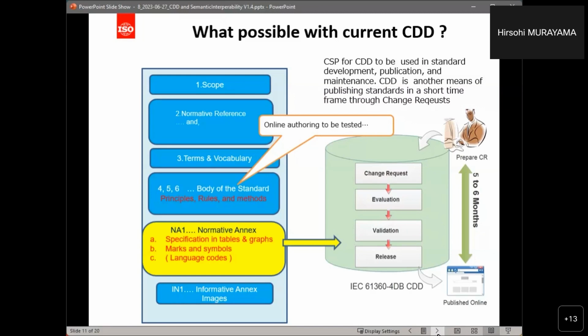Instead of writing all the details in your paper standard, create these table contents in the CDD through change requests. Then it takes just 5 to 6 months, or sometimes 4 months, to put the content into the CDD, and then it becomes part of the international standard. That's the advantage of making the standard more flexible and producing it in a shorter time frame. Okay, next slide, please.